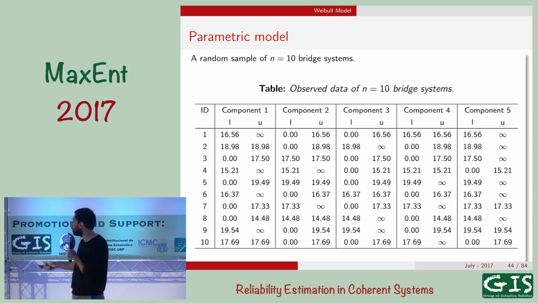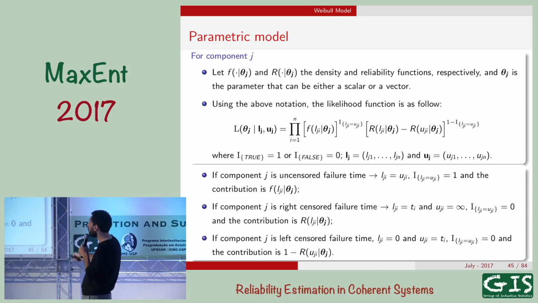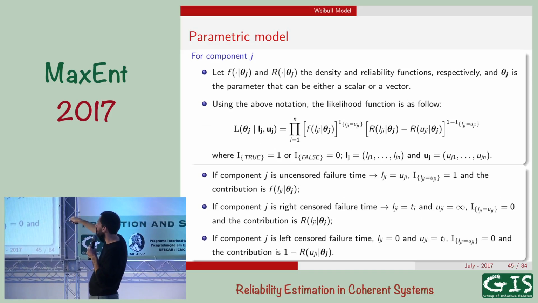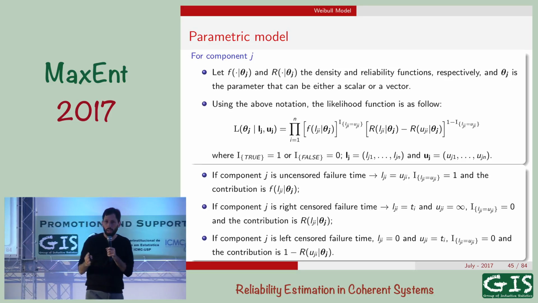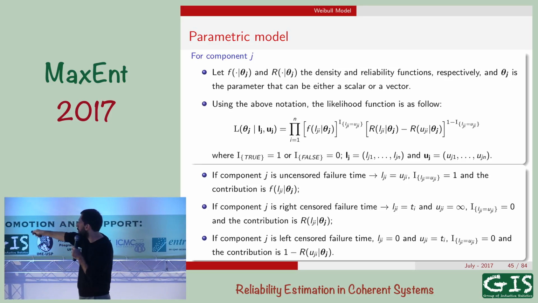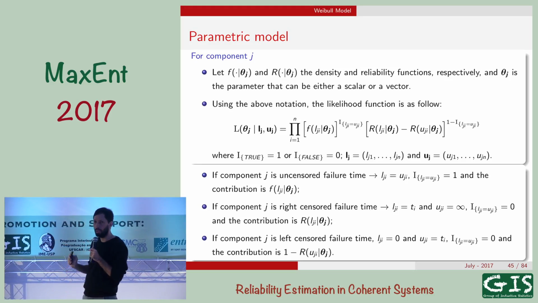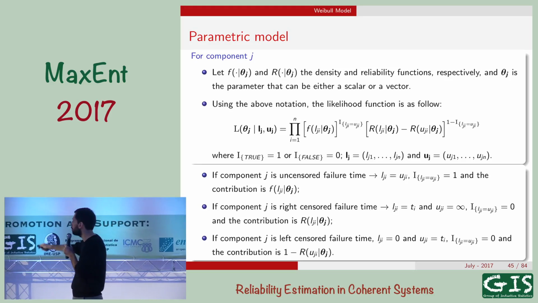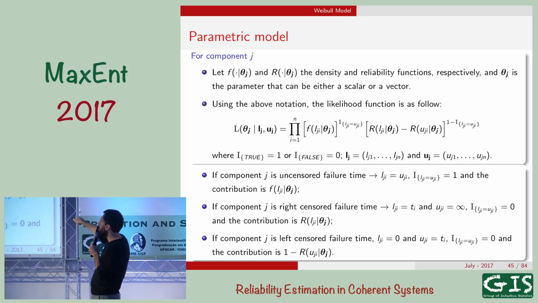But when we do that, we will be able to write our model. What is our model? For component j, we will have in our likelihood the density function when it is not censored.